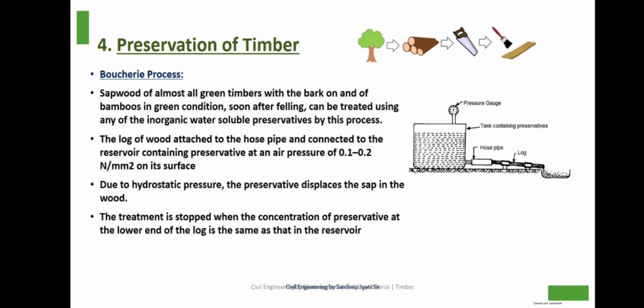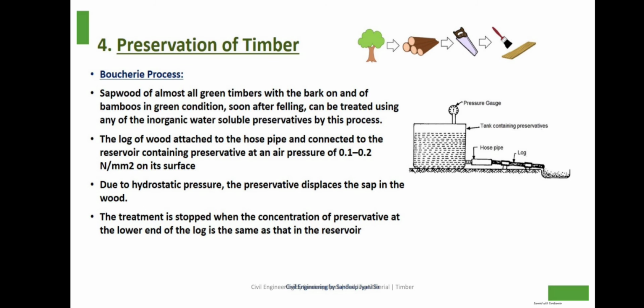Boucherie process. Sapwood of almost all green timbers, with the bark on, in green condition soon after felling, can be treated using any of the inorganic water soluble preservatives by this process. The log of wood is attached to a hose pipe connected to the reservoir containing preservative at an air pressure of 0.1 to 0.2 N per mm square on its surface.